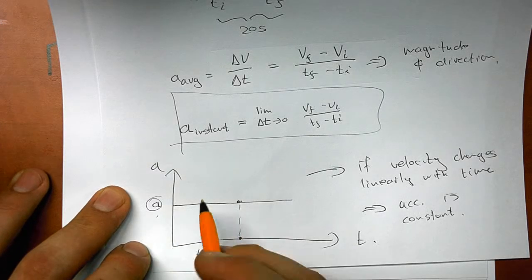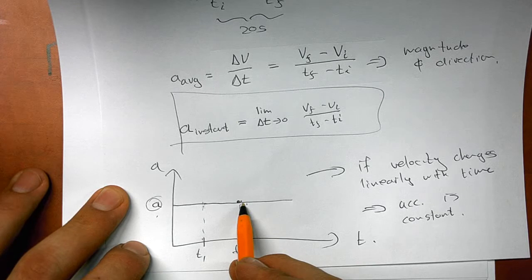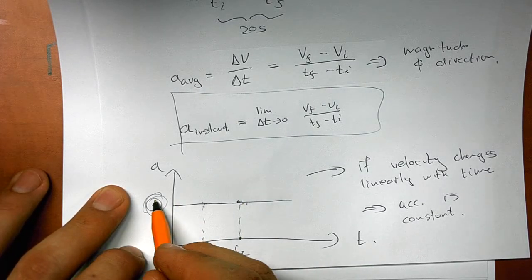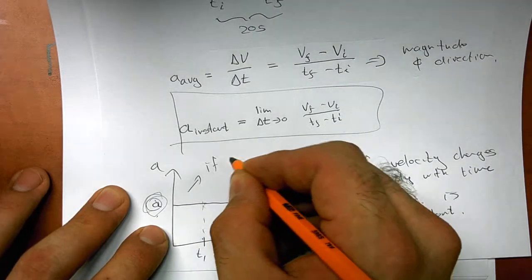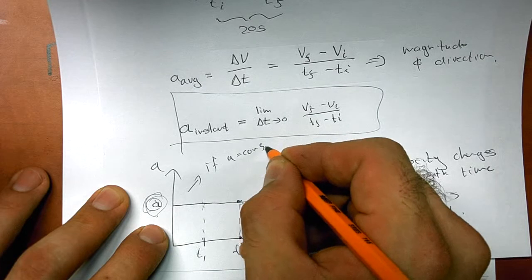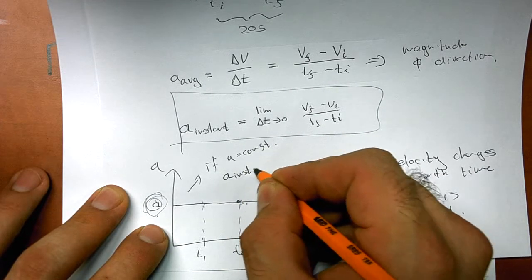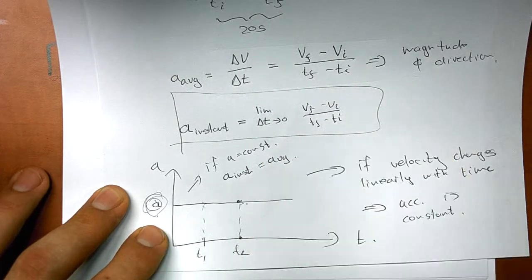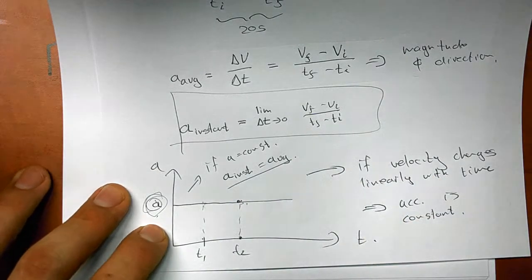If I were to measure my acceleration over any interval, so I want to figure out my average acceleration, I would get that it is also just equal to the same value. So if the acceleration is constant, we have that the instantaneous acceleration at any point is equal to the average acceleration between any two points in time.